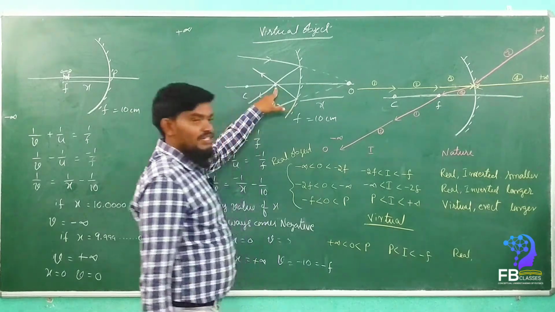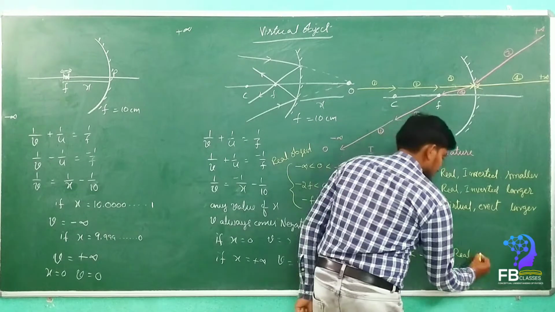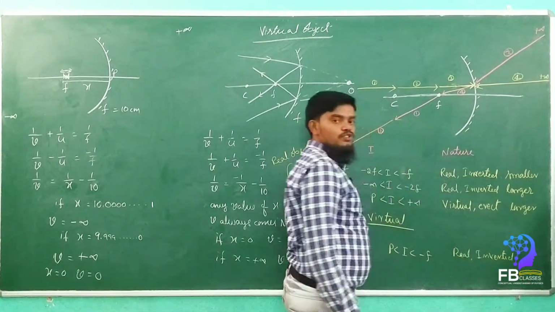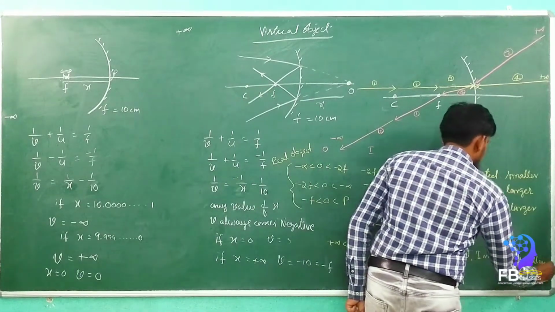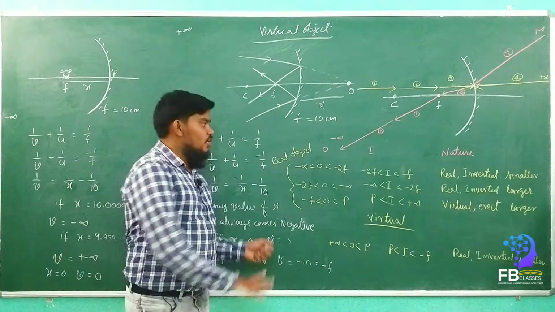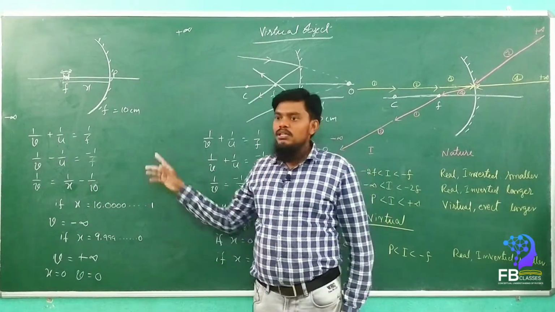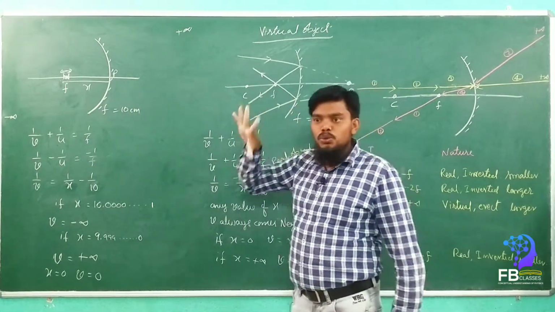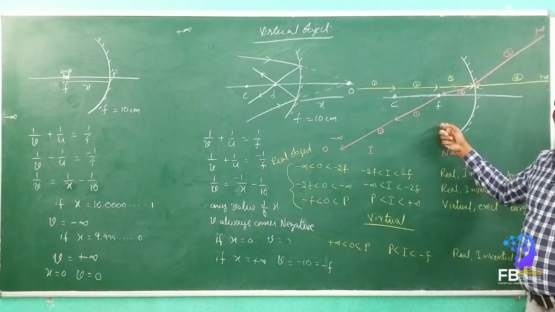So that's why it is real, inverted, and smaller, yes or no? Yes, sir. So this is the total consolidation of all the 8 diagrams, the 6 diagrams drawn before and these 2 diagrams. This is the consolidation resultant.